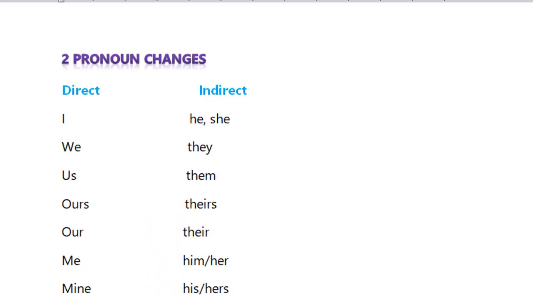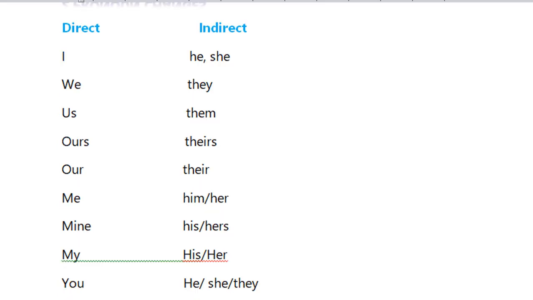"My" can be changed into "his" or "her". "You" can be changed sometimes into "he", "she" or "they", because there is first person here, but also second person plural and second person singular. If it is second person singular, "you" can be converted to "he" or "she".